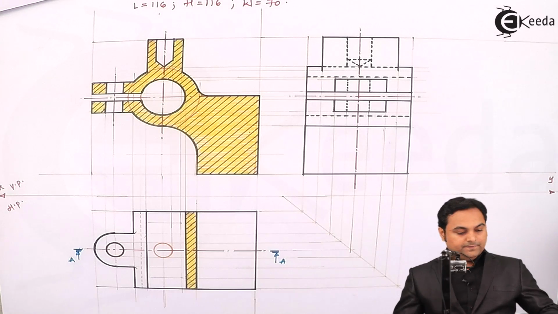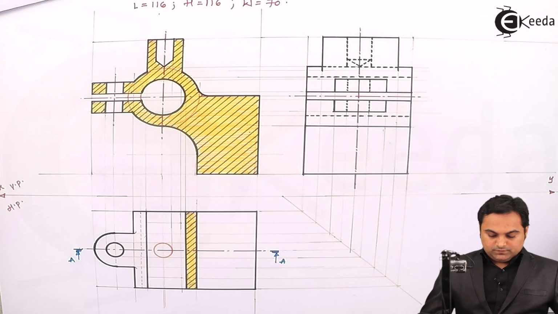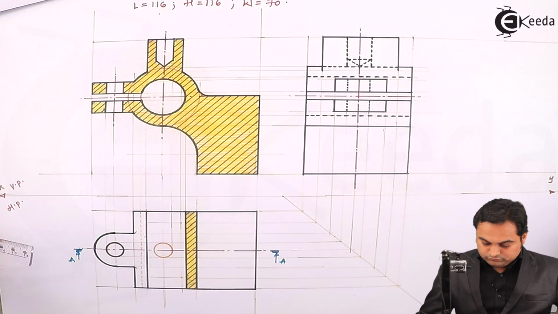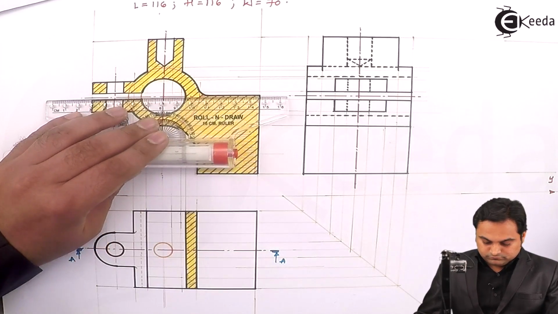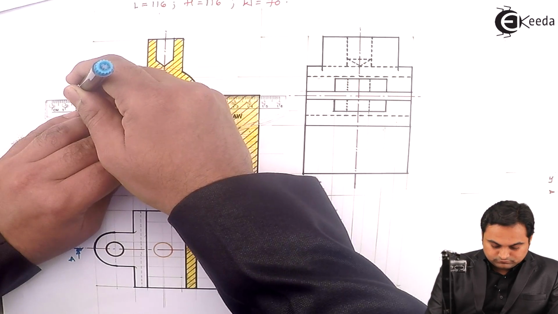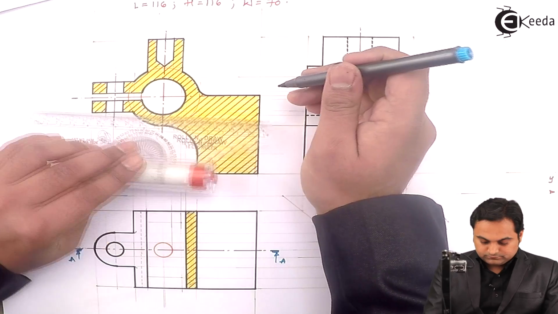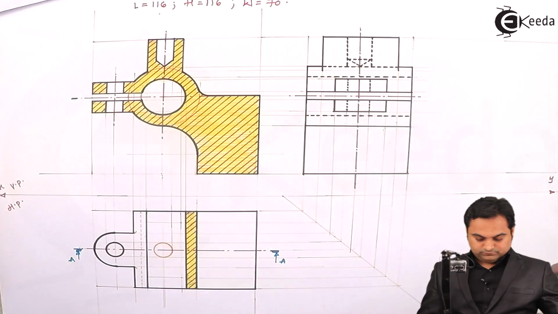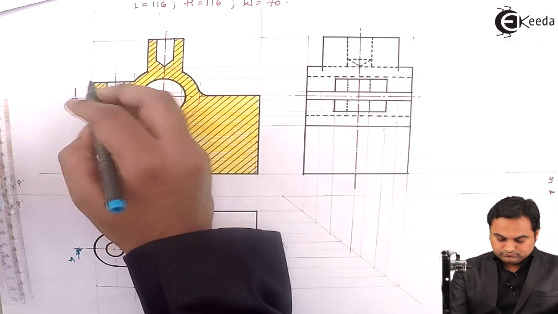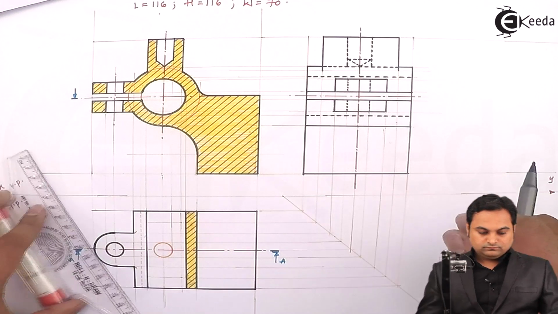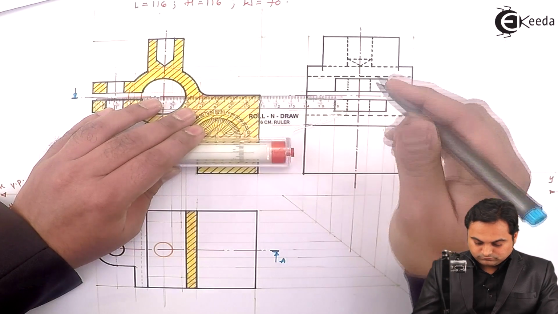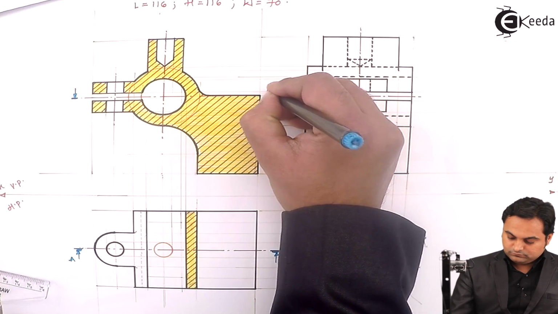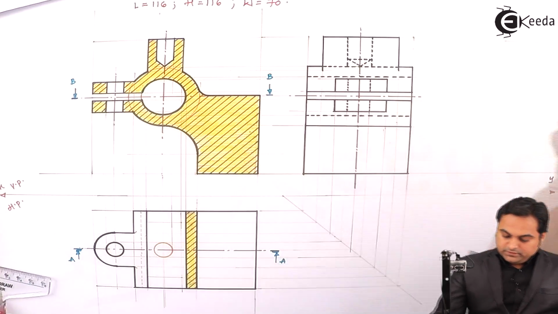This is section plane AA. Section plane BB.